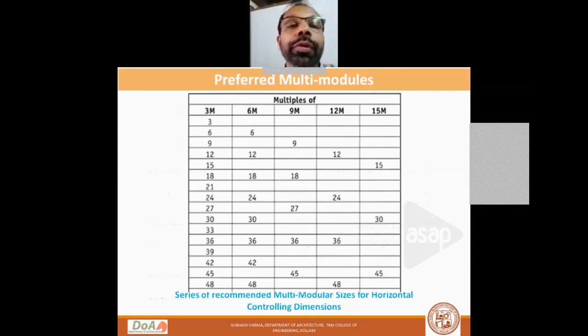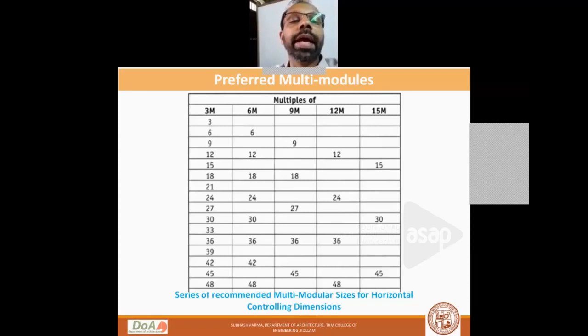And these are the preferred multi-modules. So in the first column, you can see 3M, 6M, 9M, 12M, and 15M, which are the modular units. And vertically, you can see the grid sizes.